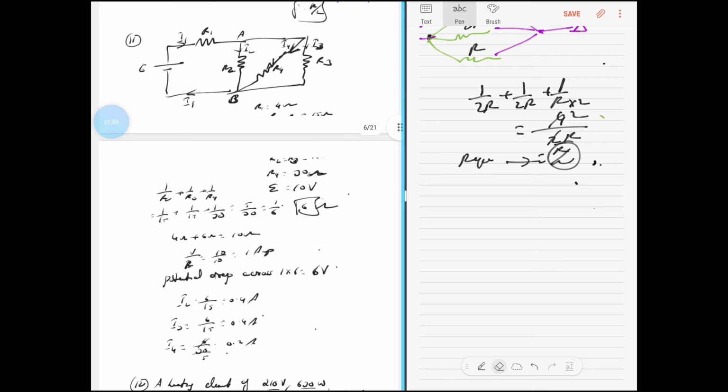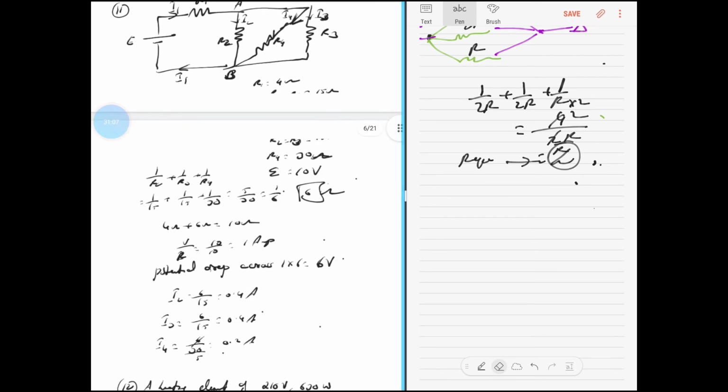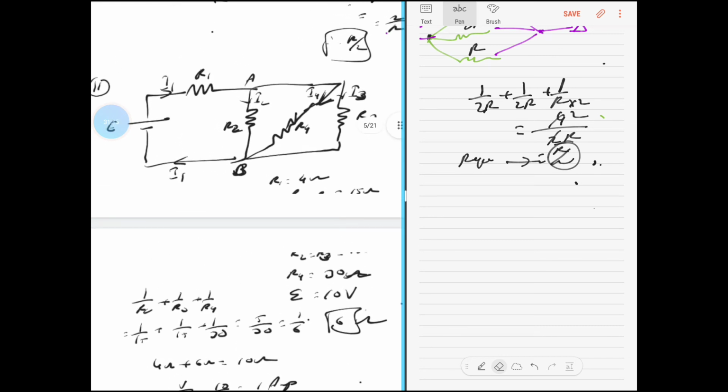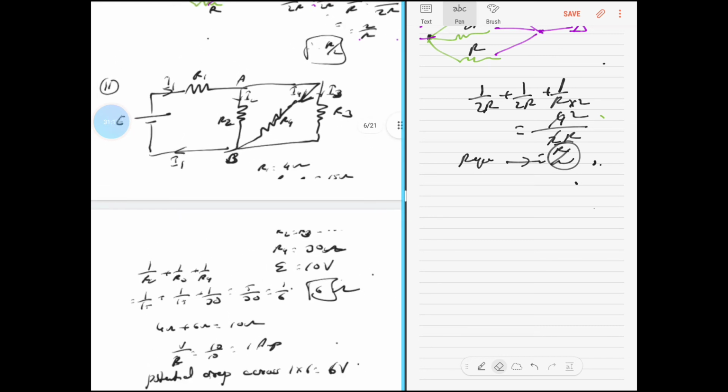The potential drop across this, the current is 1 amp. Give me a minute, let me figure out what I've done. 1 into 6 volts.